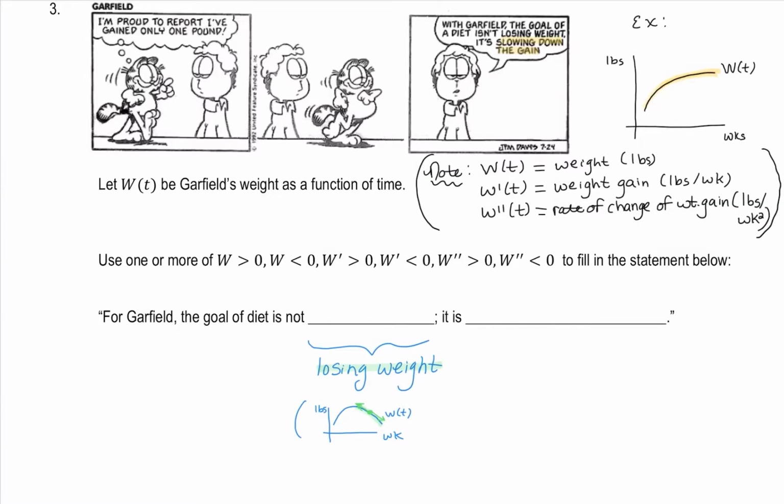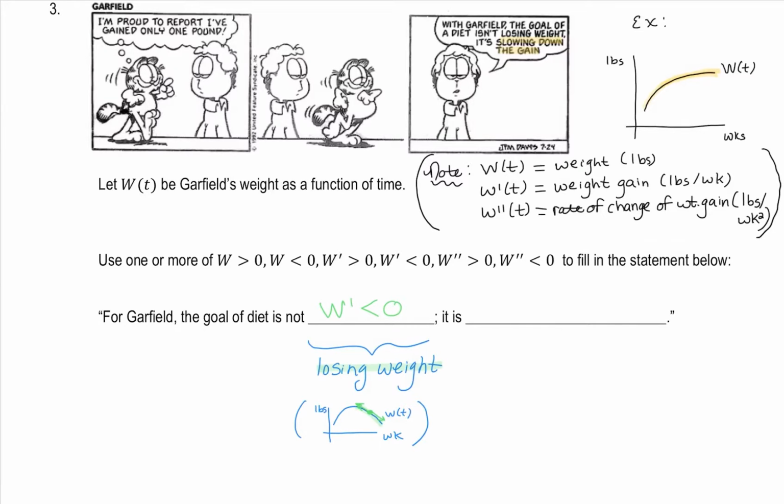So losing weight means that the derivative, w prime, would be less than 0. So his goal is not that w prime is less than 0.